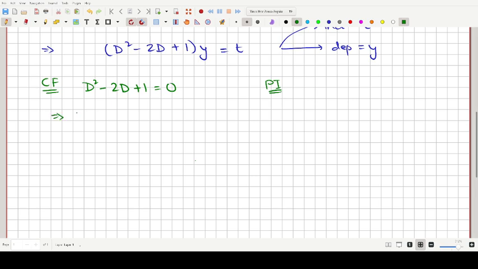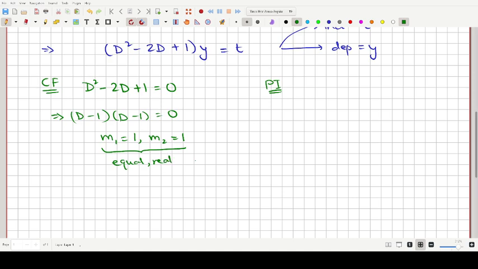So this can be written as (D minus 1) times (D minus 1) is equal to 0. So from here we can write down the roots of our auxiliary equation as m1 is equal to 1 and m2 is equal to 1. Now the roots, they are equal and real, right? So they are equal and real.